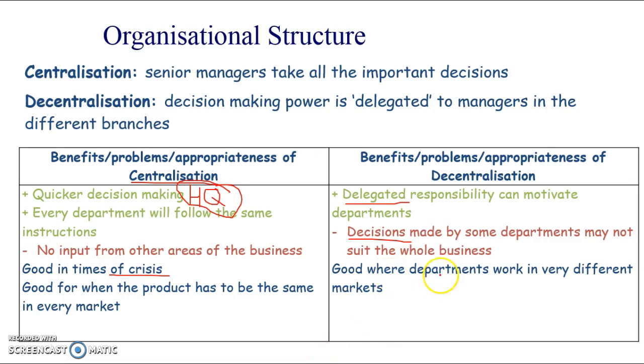However, it's good where these departments or sections of the business work in very different markets and you need more tailoring towards the customer's needs. So you want decentralization when you really want to tailor the products in certain areas. Maybe it's geographical areas, you're trying to tailor what's on offer.